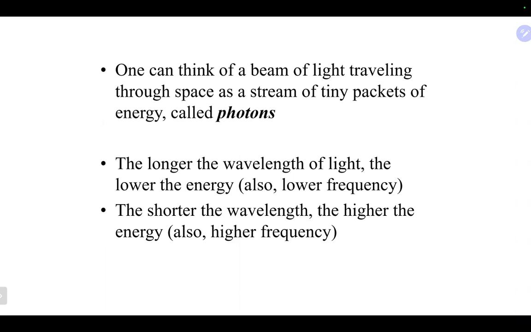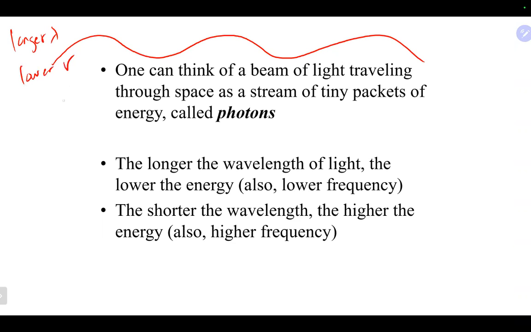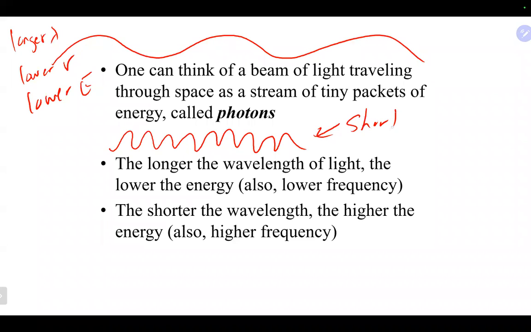Basically it is this: the longer the wavelength, the lower the frequency and the lower the energy associated with it, as opposed to a wave such as this, which has a shorter wavelength, a higher frequency, and usually is higher in energy.